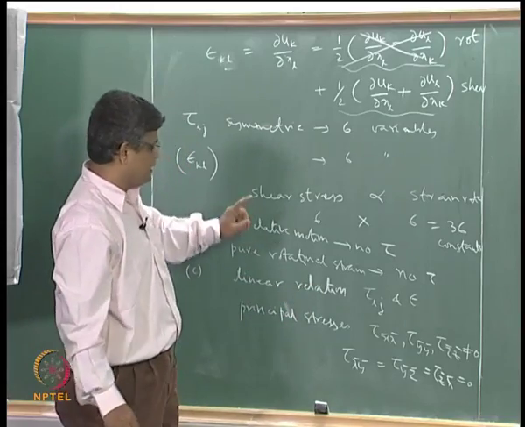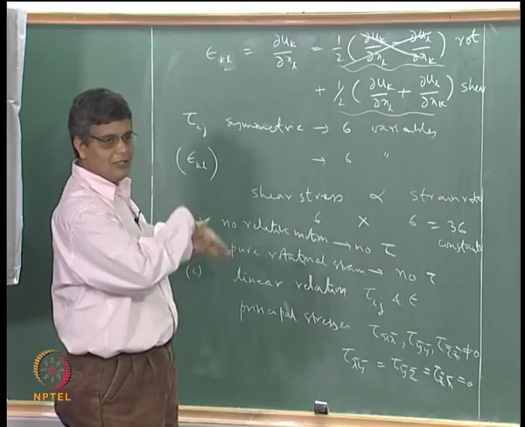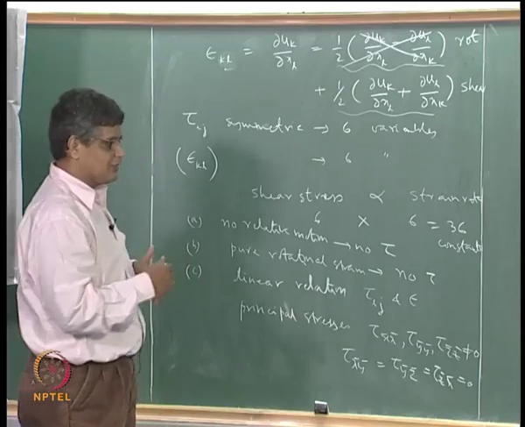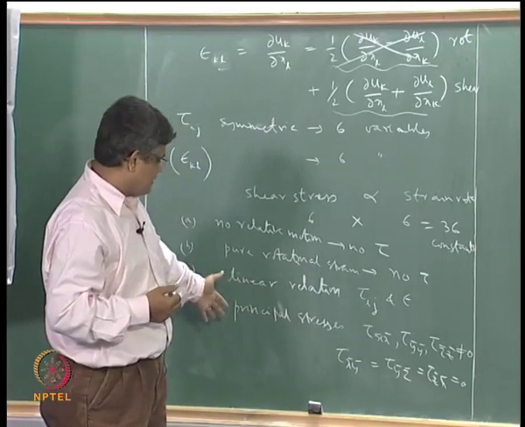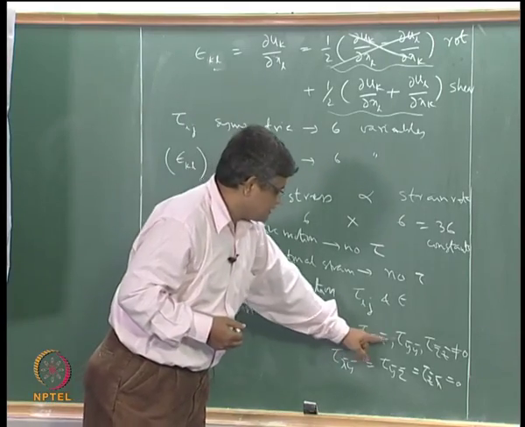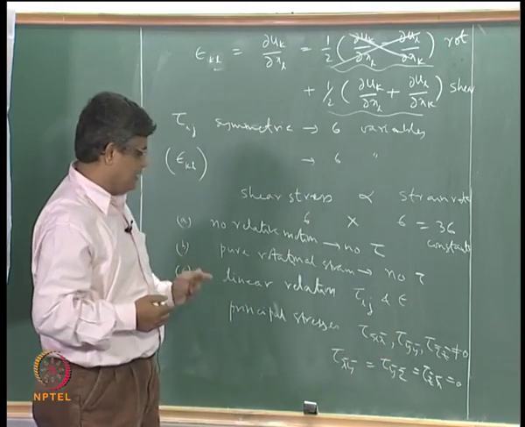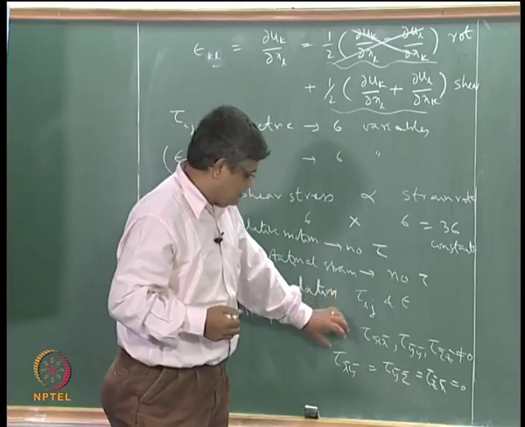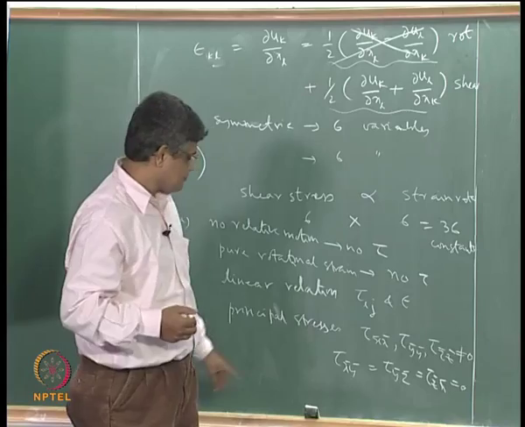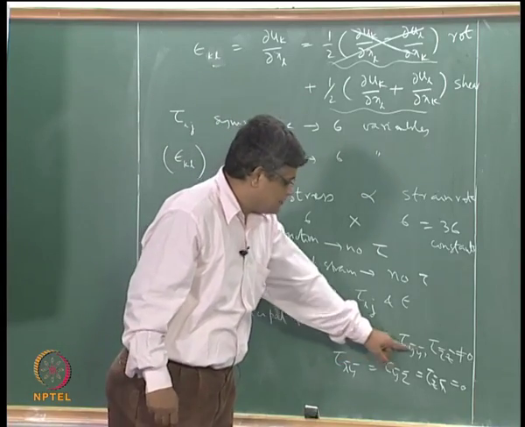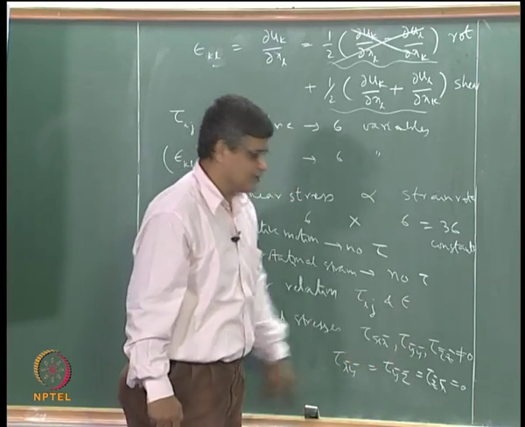Instead of having x y z, we can do a transformation, for example using the eigenvalues, into a new coordinate frame x bar y bar z bar, in which all the off-normal stresses, the shear stresses, will be 0, and only normal stresses are non-zero.